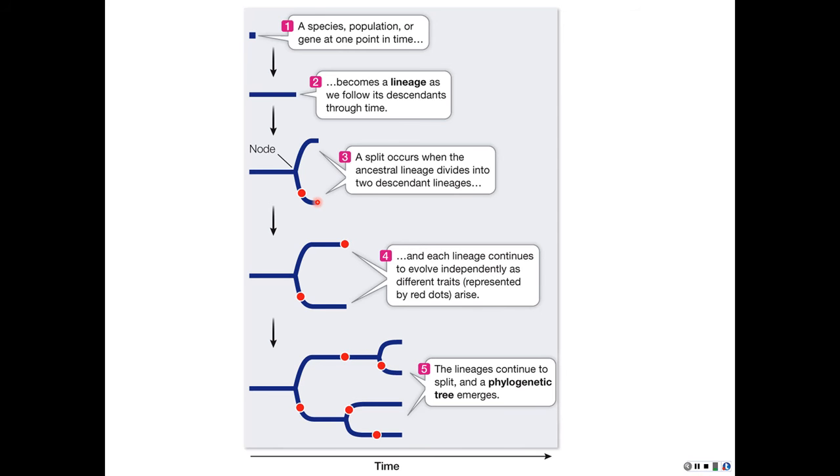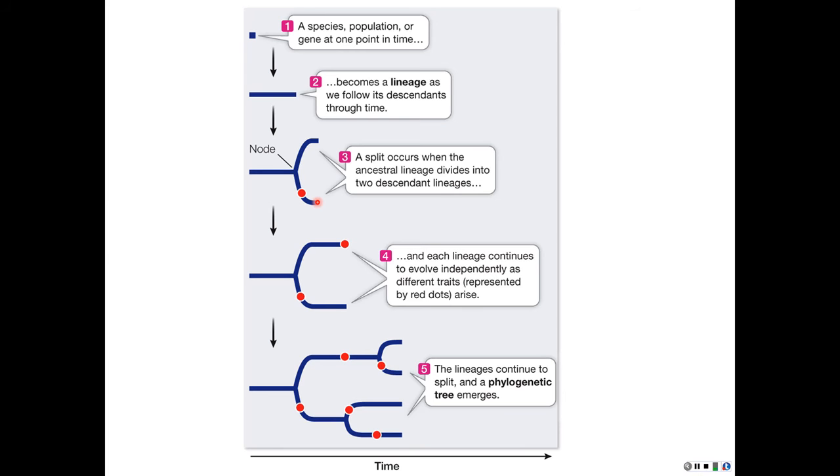So I'm going to write that. A split is where an ancestral lineage becomes two descendant lineages.